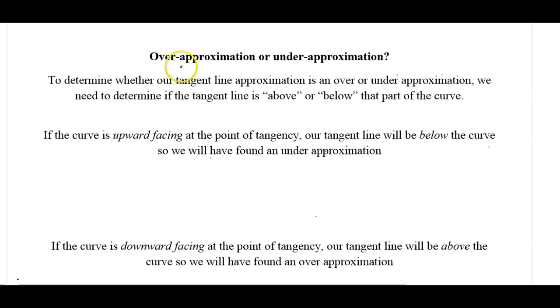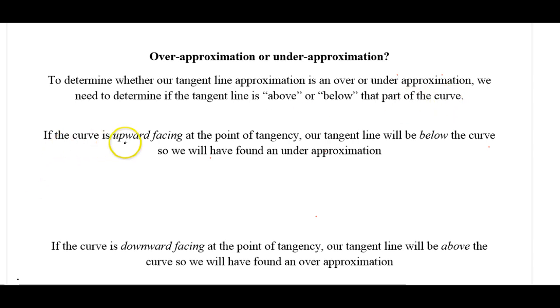All right, so now let's just focus on this over approximation or under approximation idea. To determine whether our tangent line approximation is an over or under approximation for the actual value on the curve, we need to determine if the tangent line is above or below that part of the curve.